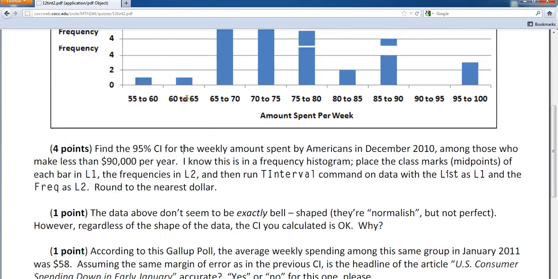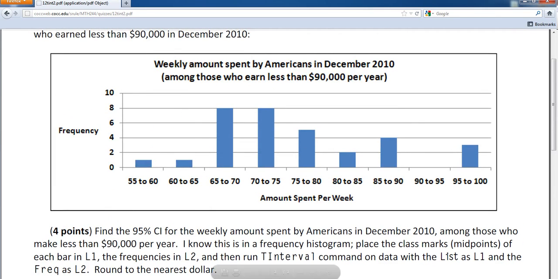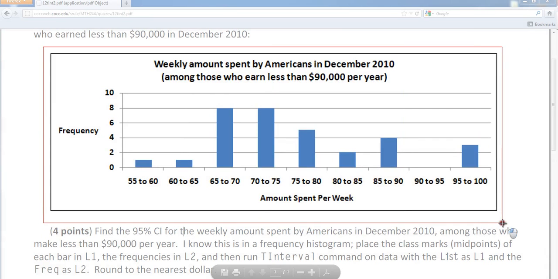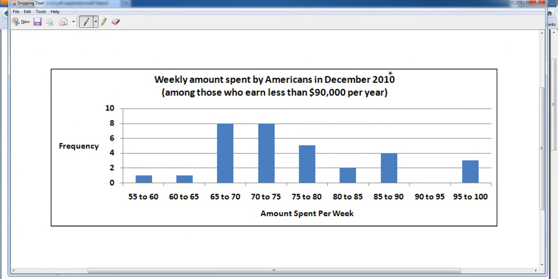Looking at it graphically, if you were to place the confidence interval for December 2010 on this graph right here, we'll do it with red. We said it was 72 to 80, which is essentially right here. There's the confidence interval for the mean average expenditure of an American.